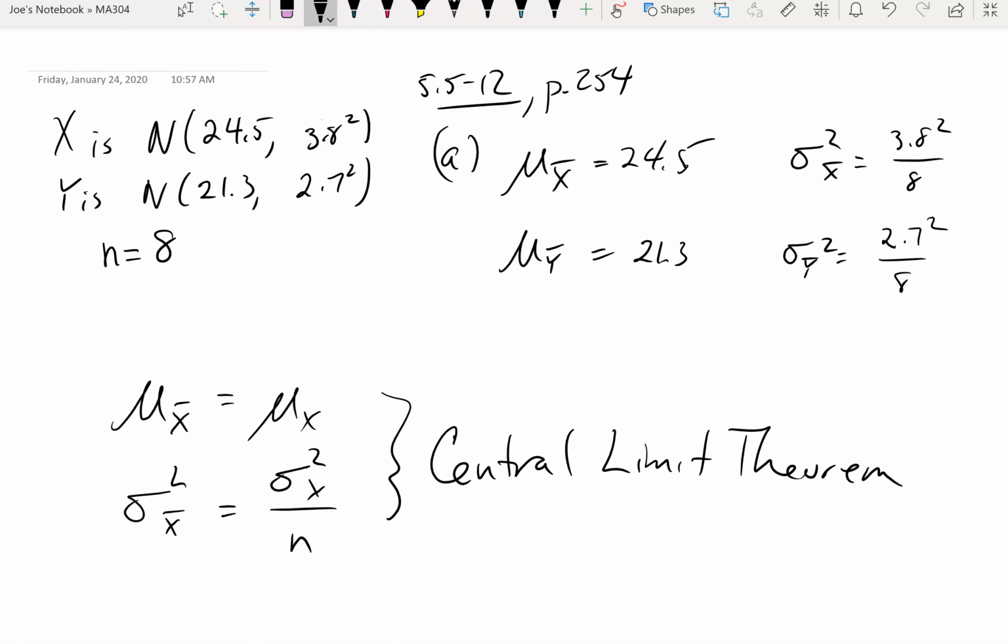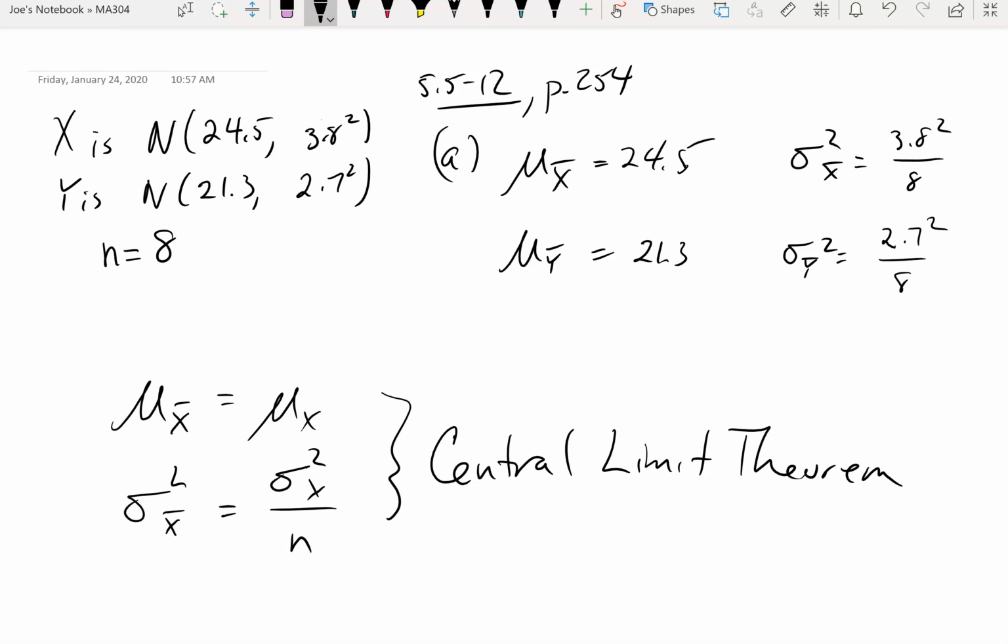And then of course the last part of the central limit theorem says that independent of what type of distribution it is, the bigger n gets, the closer this gets to a normal distribution. Right? In this case, I'm assuming that x and y are normal. If x and y are normal, what kind of distribution do x bar and y bar have?